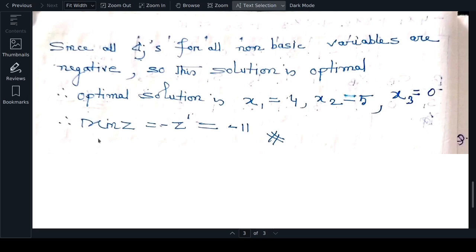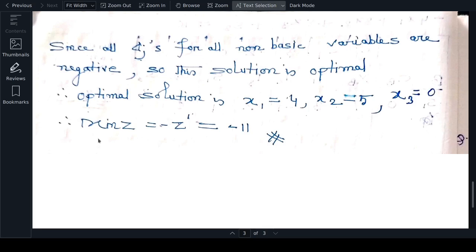You can use either dash or star. Sometimes a question is asked on how to convert a minimization problem into a maximization problem, and then you will write this: min z equals minus max z dash.